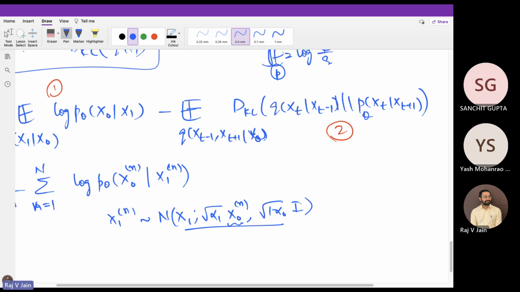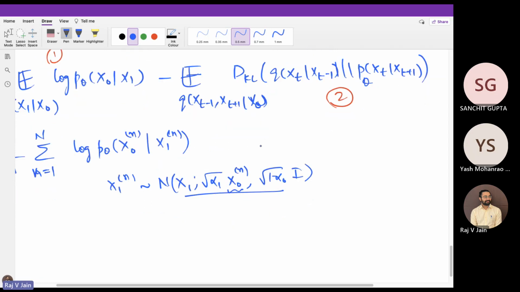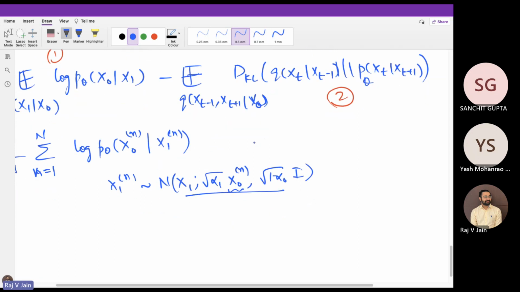Should not be given, right? They are independent. No, we're not talking about x_{t-1} and x_{t+1} being independent. So if we use different epsilon, it will be independent. Tell me what is independent, x_{t-1} and x_{t+1}? No, but how will that be?